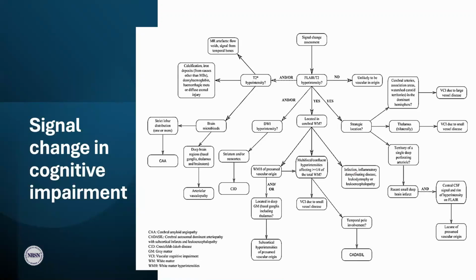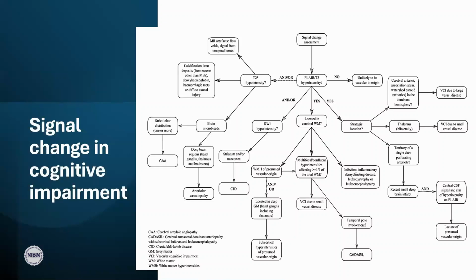Now ideally, we shouldn't have a hyperintense signal on FLAIR, but if there is, in addition to a T2 star hypointensity, which could be due to flow artifacts, calcification, or brain microbleeds. Now, if there are brain microbleeds, what is the distribution?